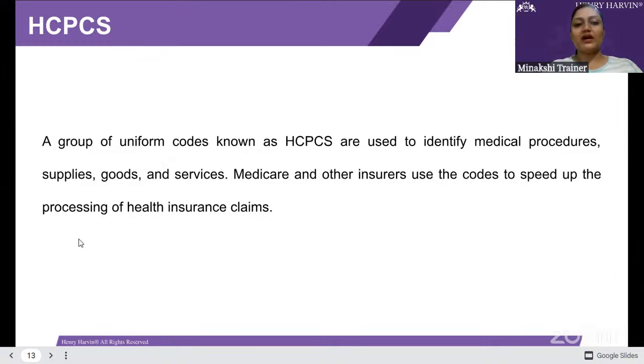As I told you, the division of marks is ICD 5 to 10, CPT 65 marks, HCPCS 3 to 5 marks, and from billing also some 3 to 5 marks. The remaining marks come from human anatomy, physiology, medical terminology, and a few marks for the case study, including your CPT and ICD sections. That will be some 10 marks.